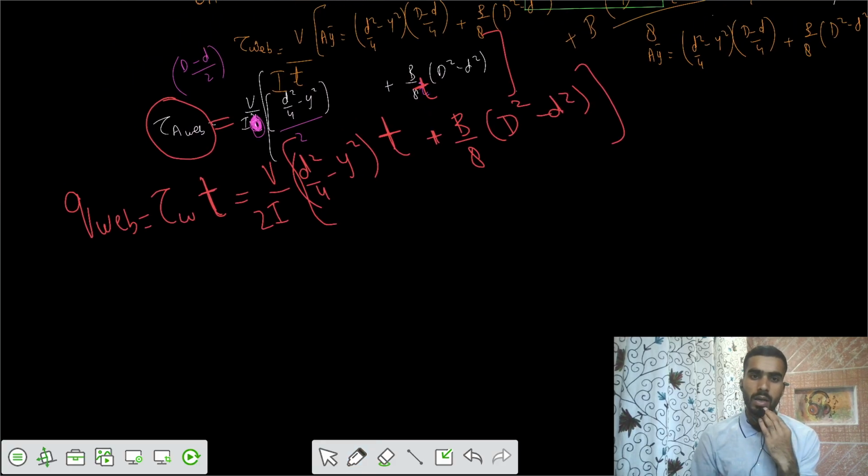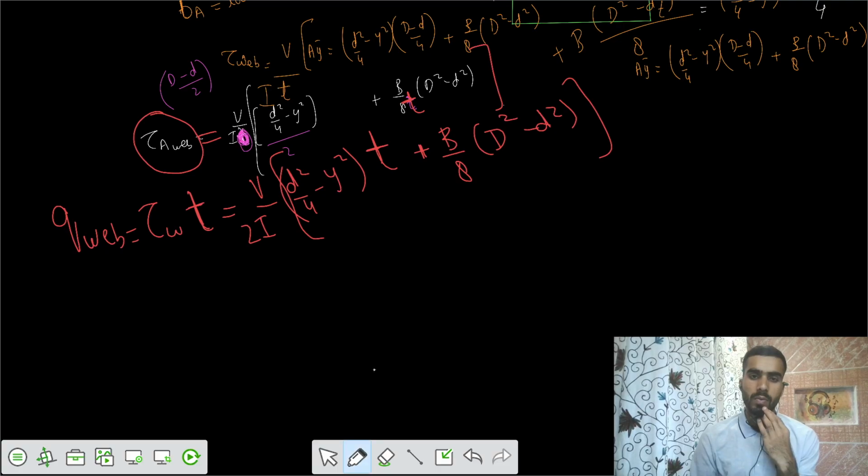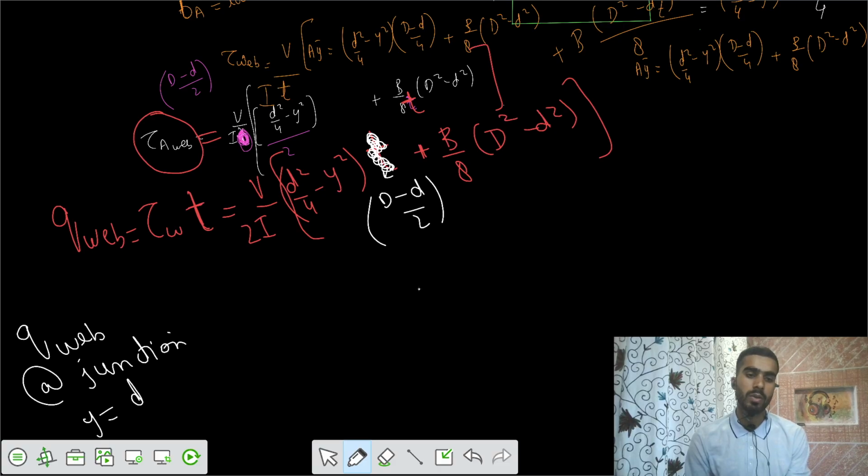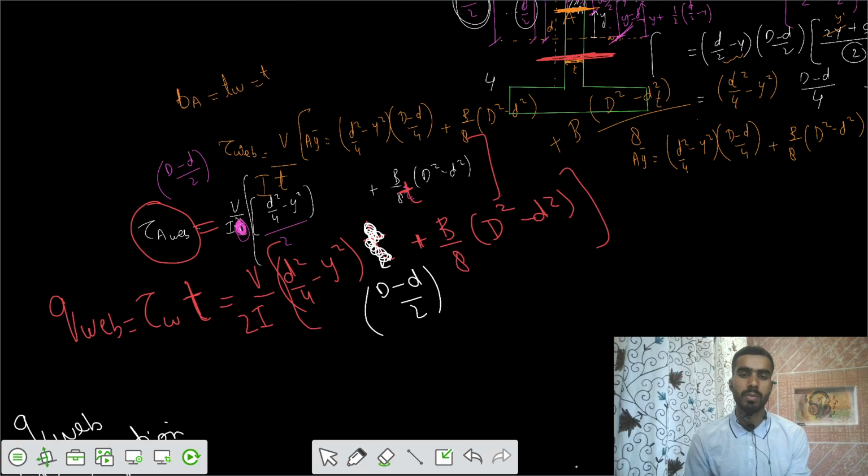Now you have this variation of shear flow. If you substitute the value of t equals D minus d by 2, let's have that also here. Now you apply the limit: you want to know the shear flow in the web at the junction, that is when y equals d by 2.